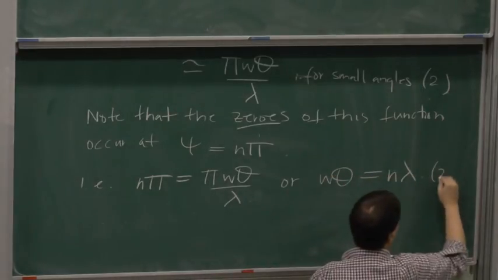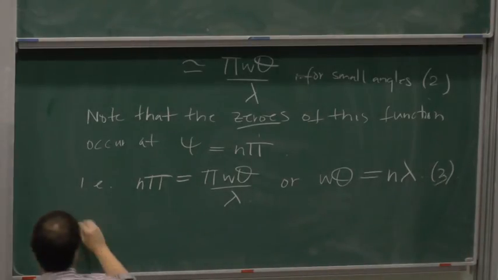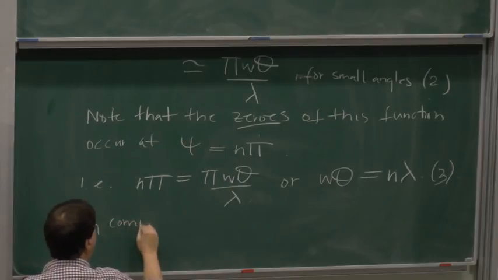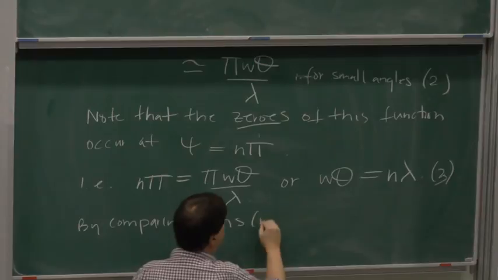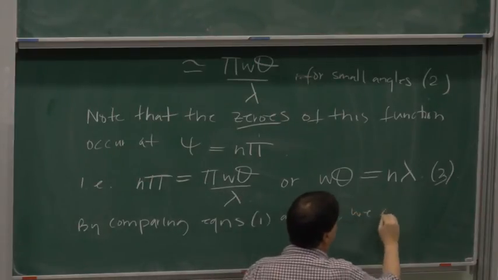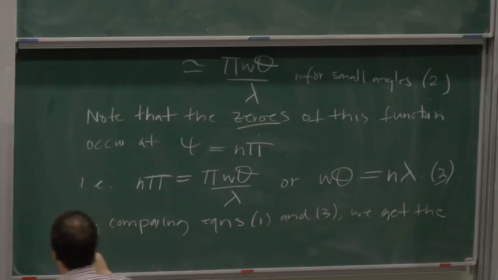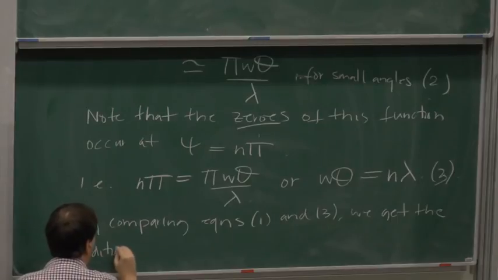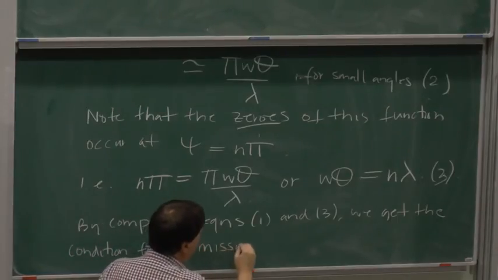So this is 3. So by comparing equations 1 and 3, we get the condition for a, let's call it missing spot.